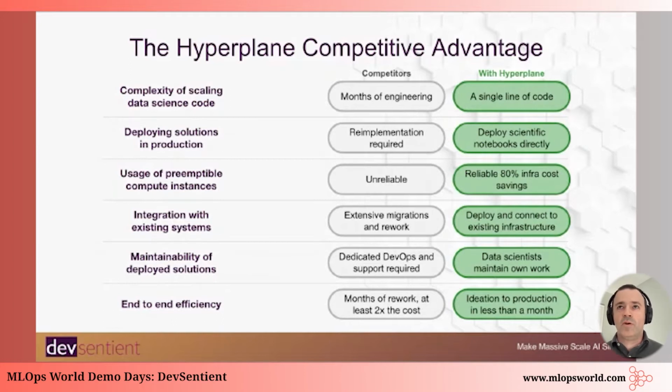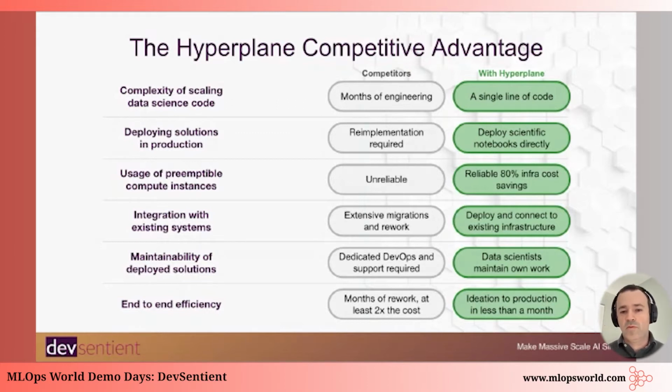Philosophically, we're opposed to vendor lock-in. We've experienced that pain ourselves in our various past experiences, and so we've built Hyperplane to be easy to deploy, easy to integrate. It takes very little time to deploy into any infrastructure, whether cloud or on-prem. And there's no lock-in. You can drop in your existing code into the platform and start using all this functionality that I just described without any re-implementation.